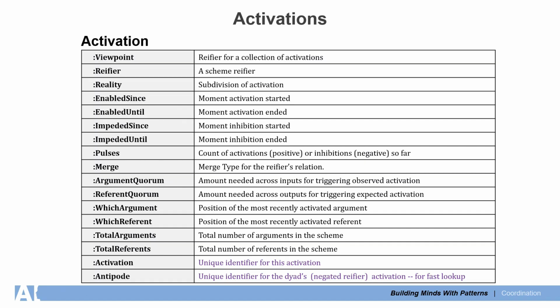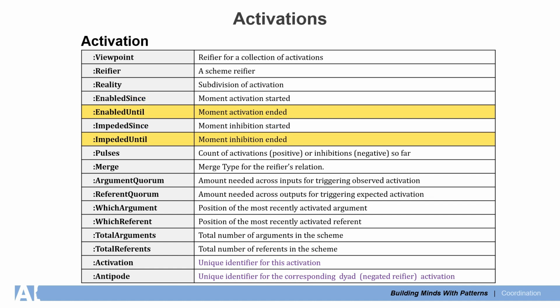This is an activation structure. It establishes a context for the activation using the viewpoint, reifier, and reality. It establishes when the activation was initiated, either for enablement or impediment.